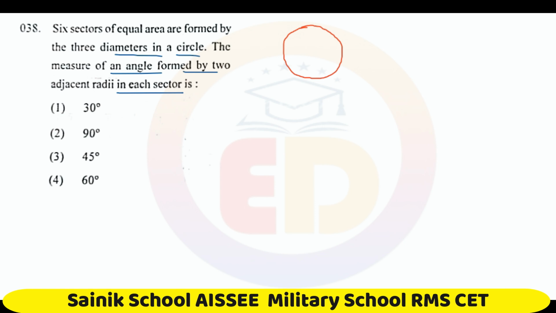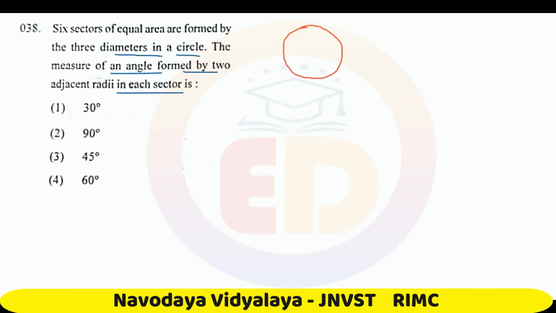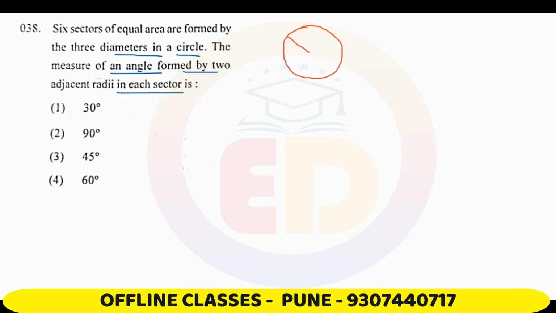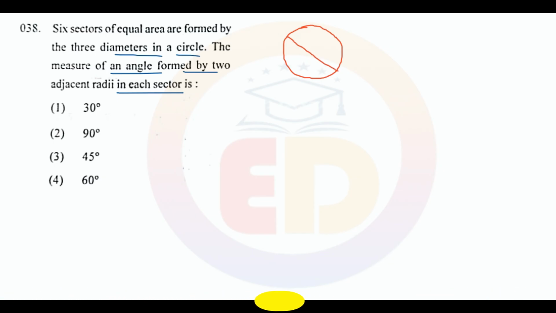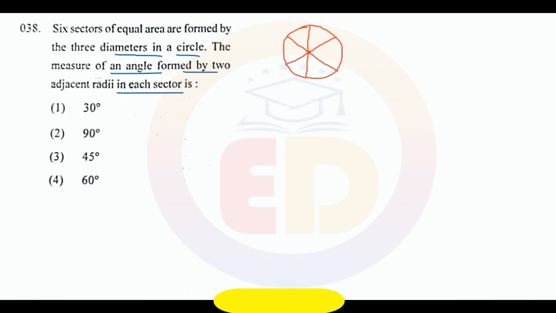So basically in this question what we have to do is we have to make a circle and we have to divide this into 6 sectors by 3 diameters and all of them are equal. So draw it like this. This is the diameter, this is another diameter, and this is the third diameter. Now remember, what is a sector?